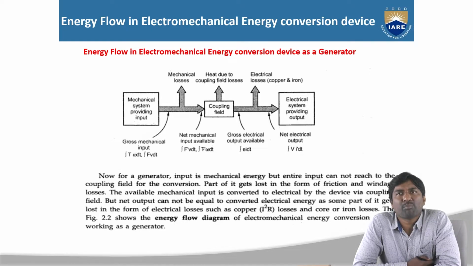That mechanical input is connected to the coupling field, and from the coupling field, the output, which is the function of the DC generator, is the electrical system providing the output.